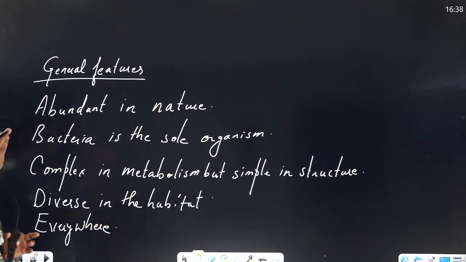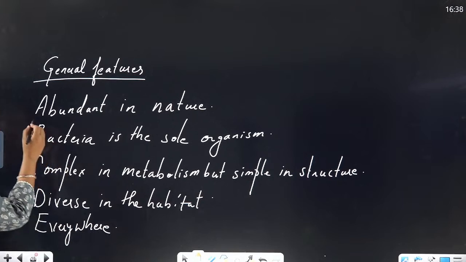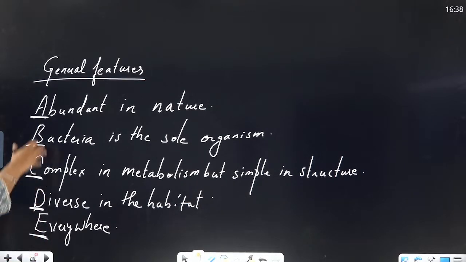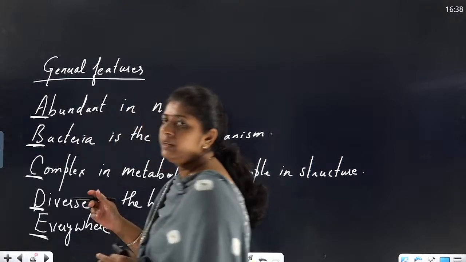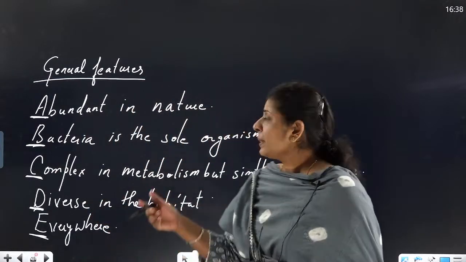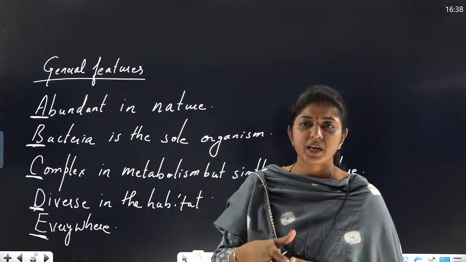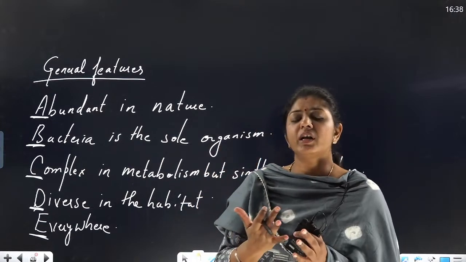right? Can you see the way I am writing the features here, taking the concept of A, B, C, D and E. Likewise, you can learn the features all together. A stands for they are abundant in nature. B stands for what thing? Mainly bacteria are the main members here if I am taking Monera altogether.